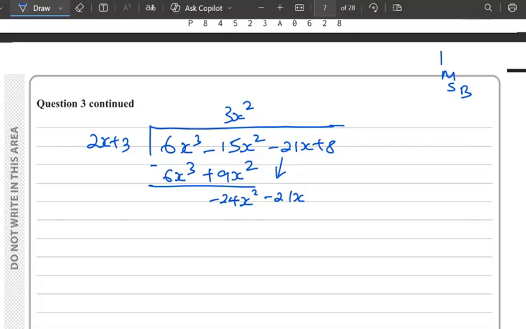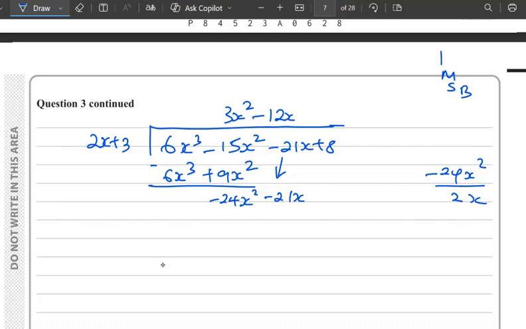So this is just literal division, which you can have negative 24x squared divided by 2x. So this one will give you negative 12x.